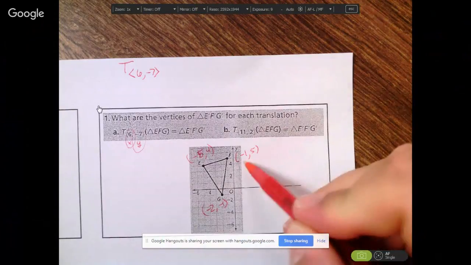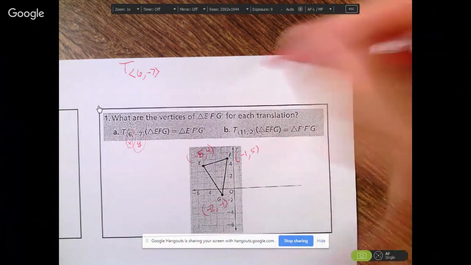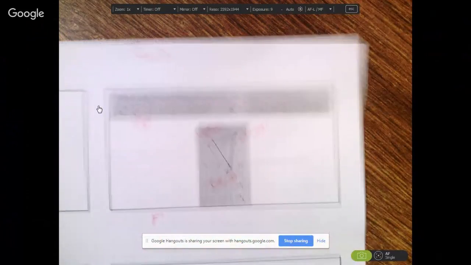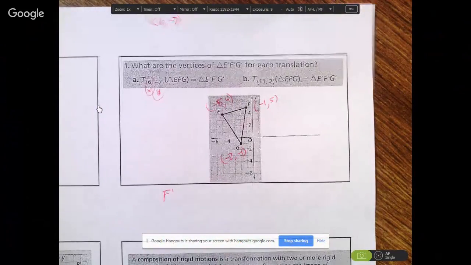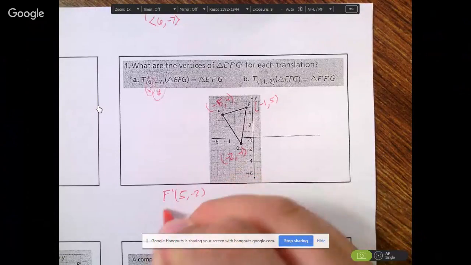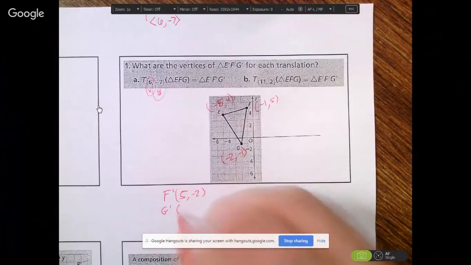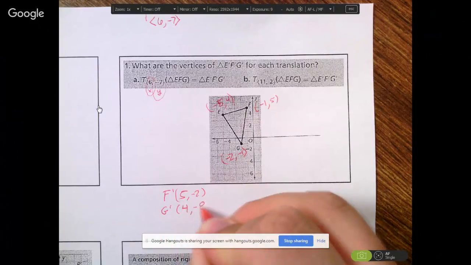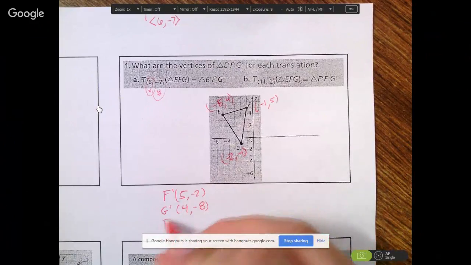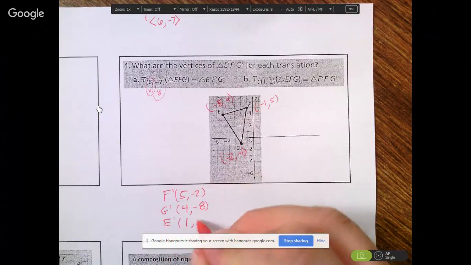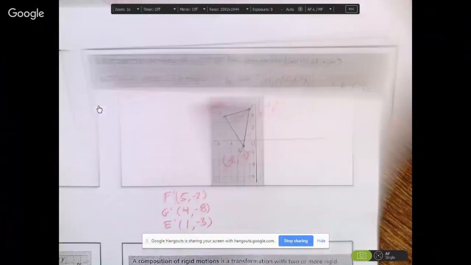So this point here would become, so F prime, I don't know, let's just write them down here. F prime is 5, -2. G prime would become 4, and E prime 1, -3. Okay.